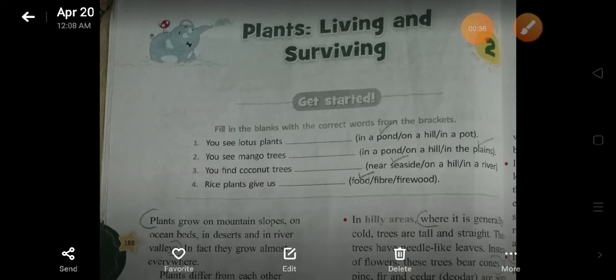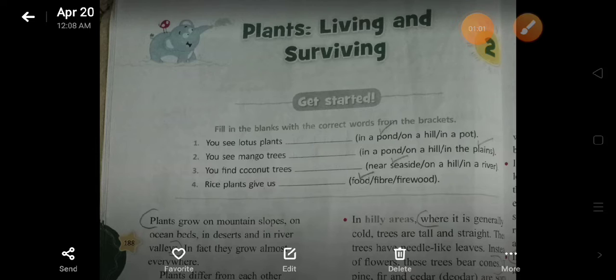First question. You see lotus plants dash, and the options are in a pond, on a hill, in a pot, and the answer is in a pond. You see lotus plants in a pond.